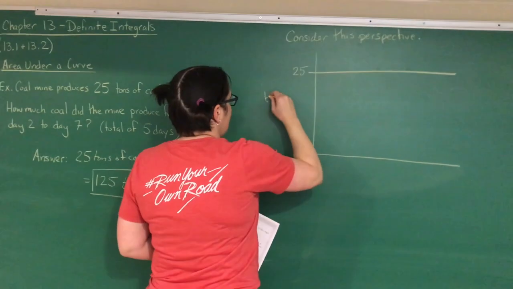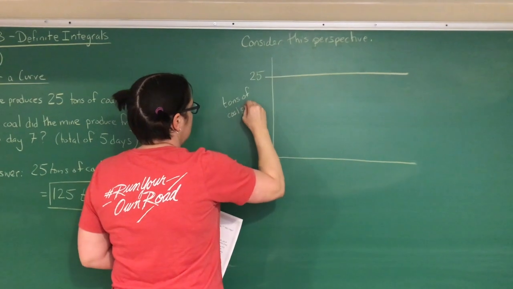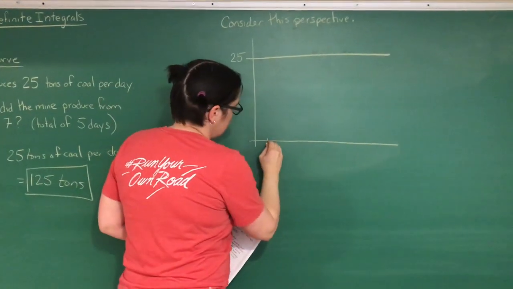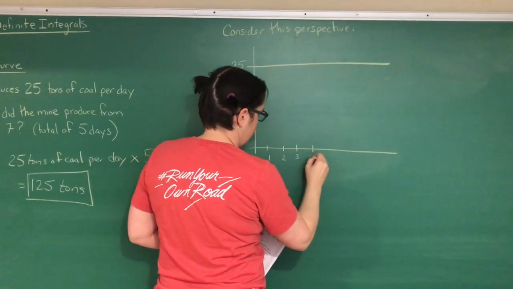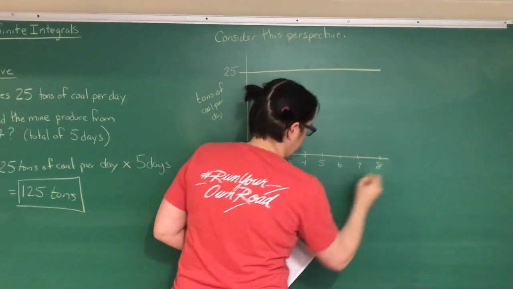So along the y-axis, we have tons of coal per day, and on the x-axis, I'm going to mark off the number of days. So we have 1, 2, 3, 4, 5, 6, 7, etc.